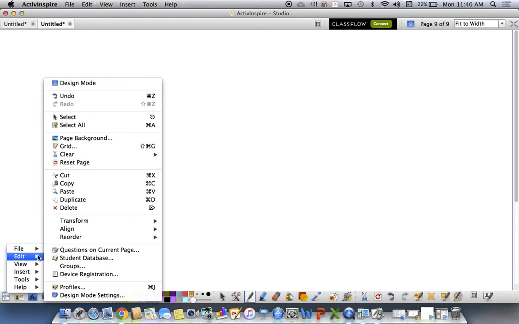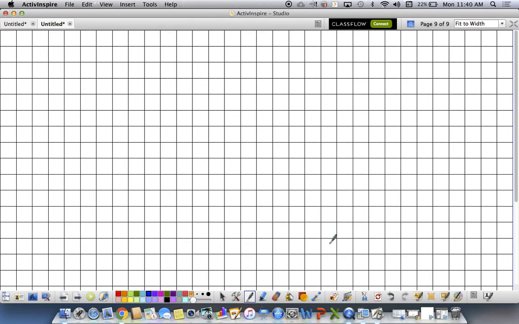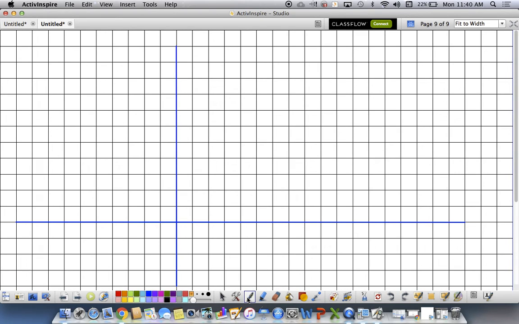Number 19. I have to have my grid again. Okay, so there's a rectangle.